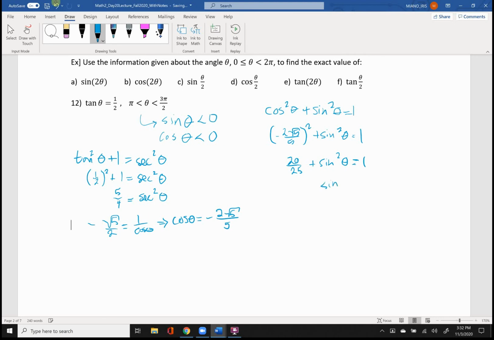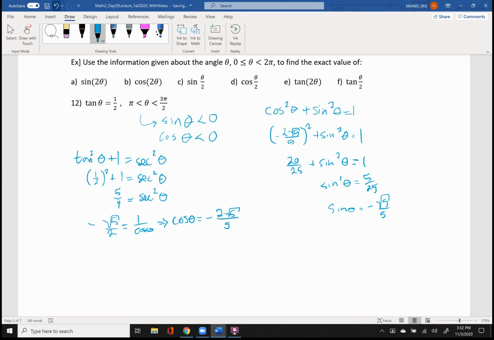This is the value of sine squared theta. Remember, sine theta is supposed to be negative, so when we take the square root of both sides, we're going to keep the negative square root. So therefore, sine theta equals negative root 5 over 5. Okay, cool. So sine theta, cosine theta, we have got them.